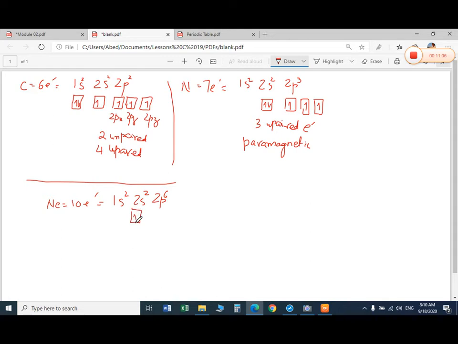These are 2 electrons, both paired, and 2p will have 3 orbitals, 2px, 2py and 2pz. 6 electrons are here.